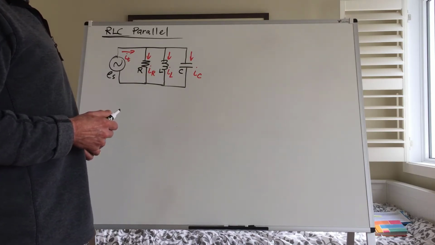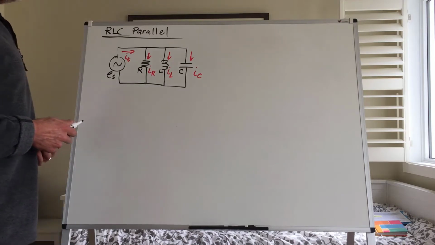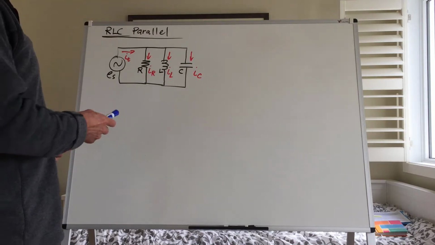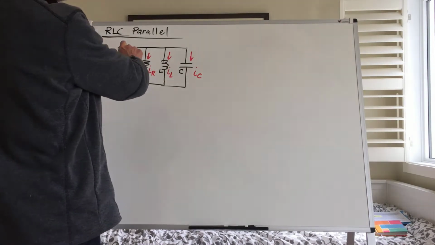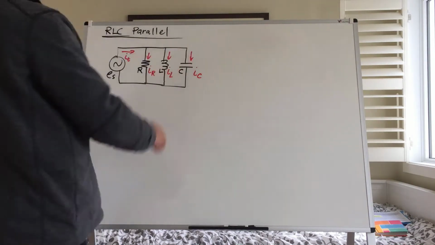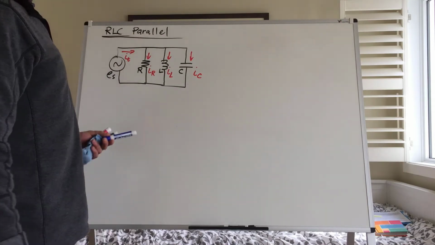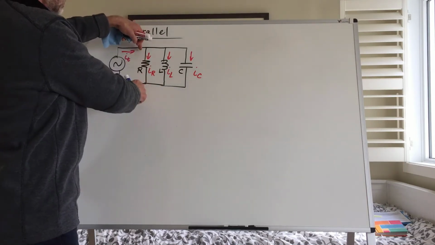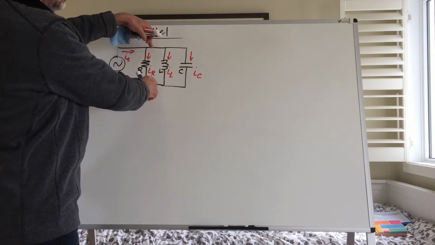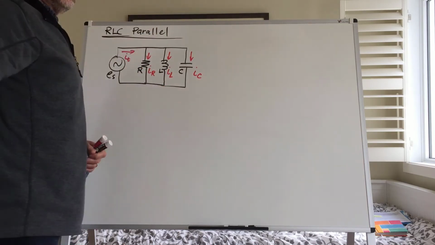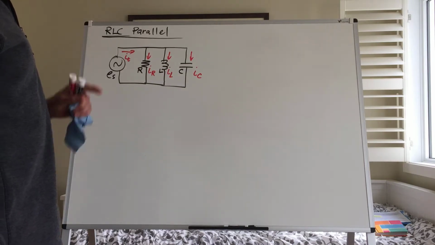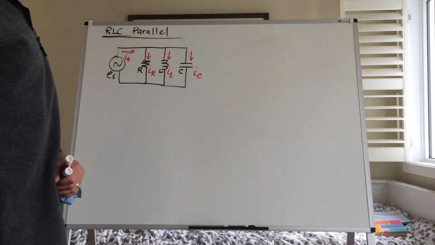Now, because we have a parallel circuit, we know that our reference value here is going to be voltage. We're going to have the same magnitude and phase for voltage all the way across. As you can imagine, there's no way we could have a maximum voltage of a sine wave for the resistor at the same time as we had a minimum voltage for the sine wave for the inductor, but we can for the currents.